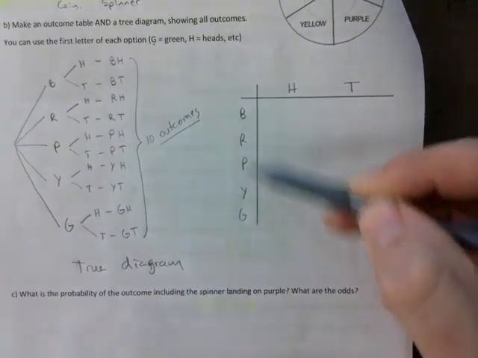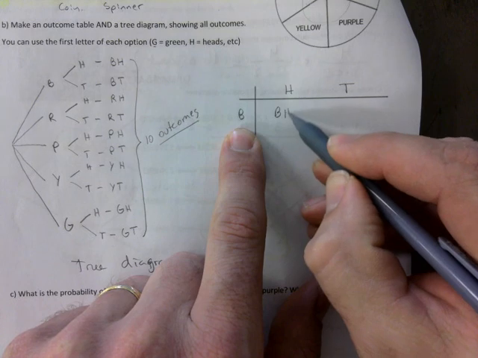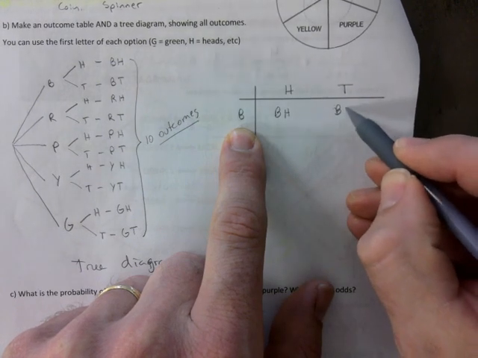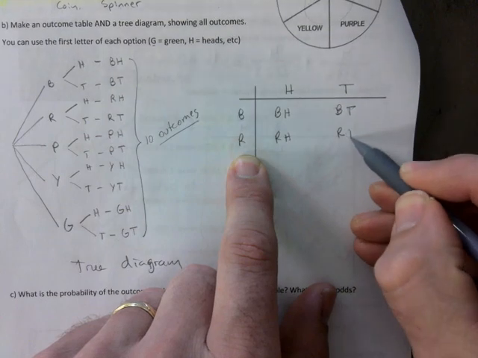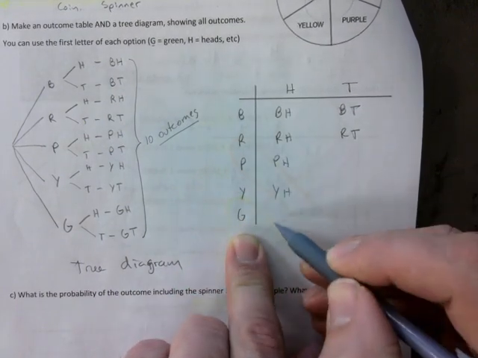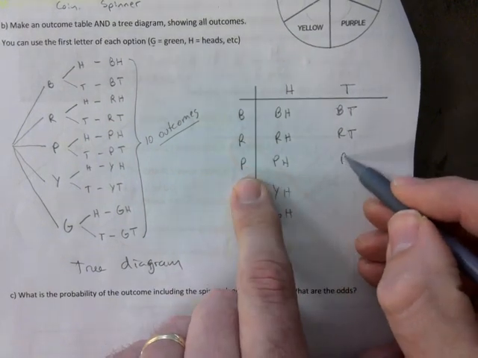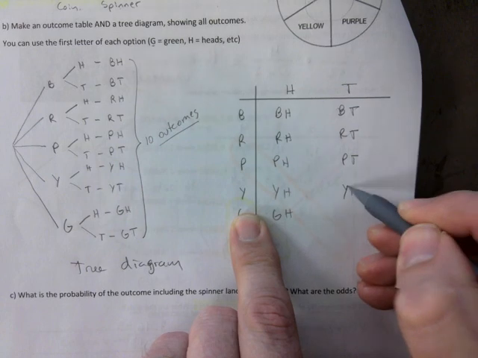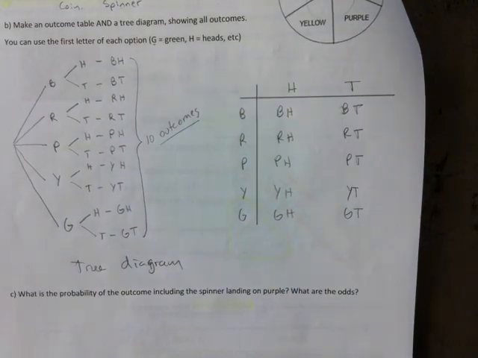These are my options. And then you just go BH, BT, RH, RT. I'm just going to do this first. Then I'm going to go over to this side and it's PT, YT, GT.